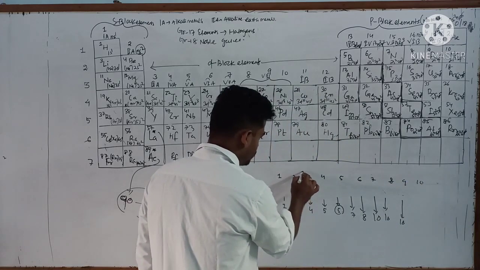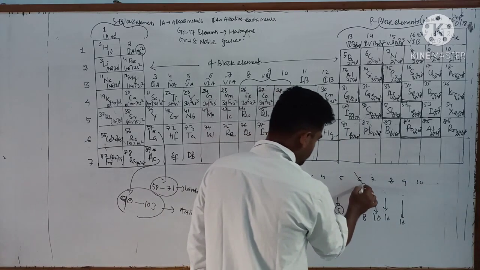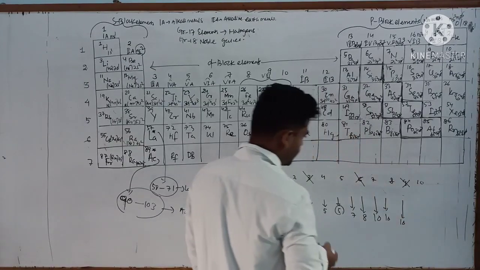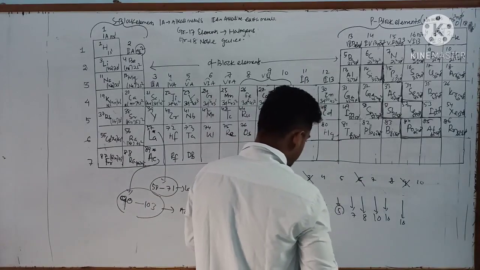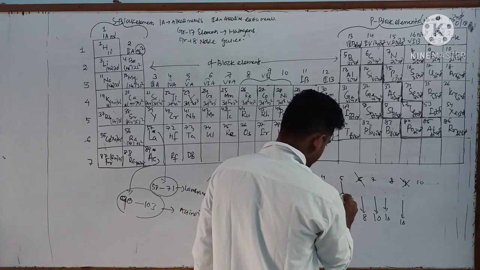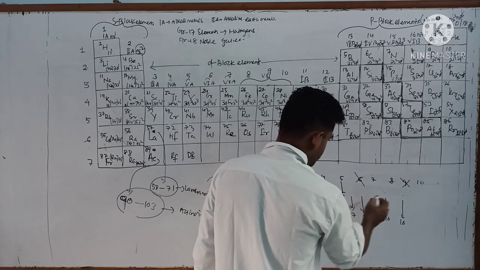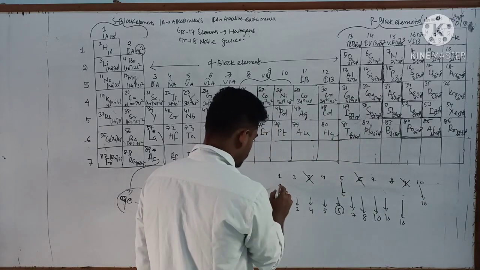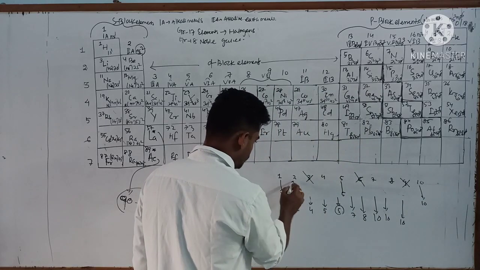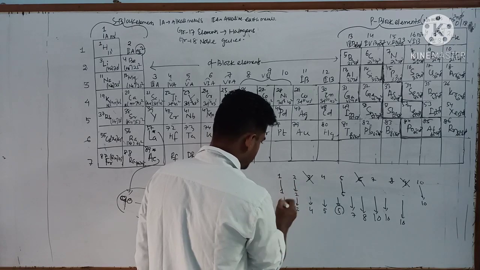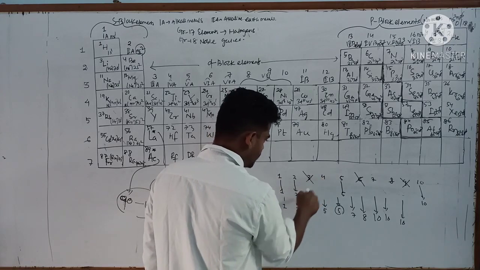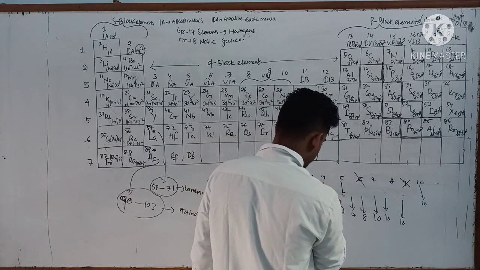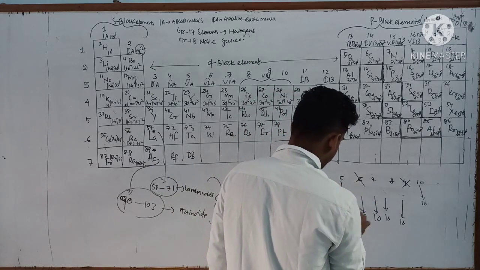You know this 5 is half filled and 10 is fully filled. So 1 means 1 electron, 2 means 2 electrons, 3 we don't take, after that 4, but 4 is already taken, so next is 5, 5.